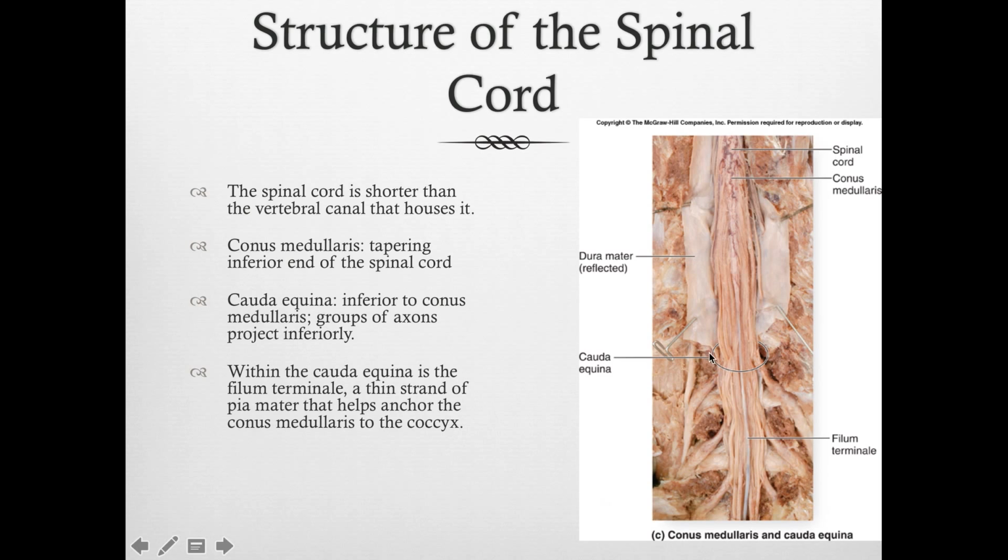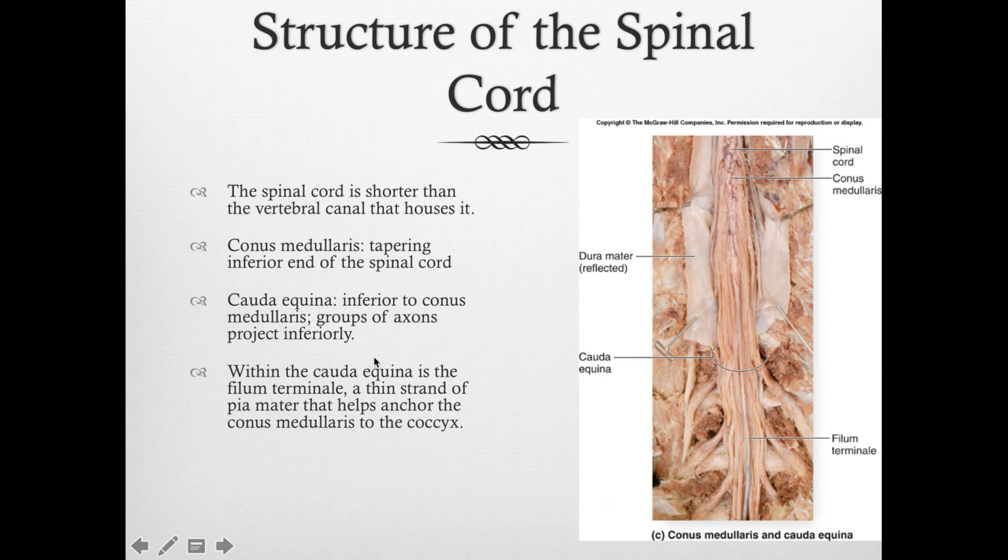And that's an important analogy to make here, because this set of axons running inferiorly out to the legs is known as the cauda equina, literally horse's tail. These are axons that run inferiorly off of the conus medullaris to go down to the leg, and then the very inferior most portion of the pelvic region.